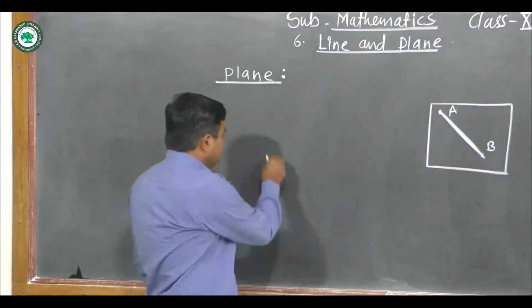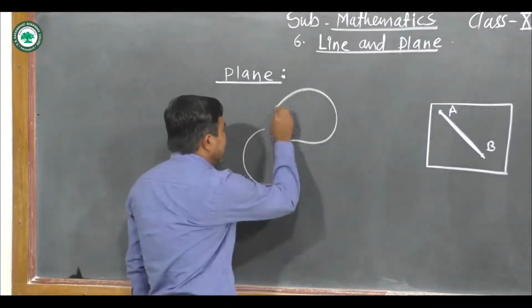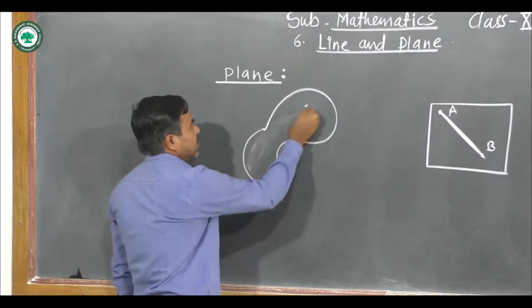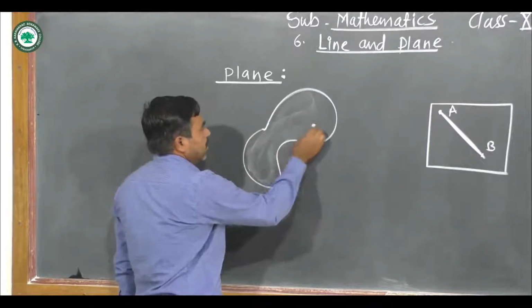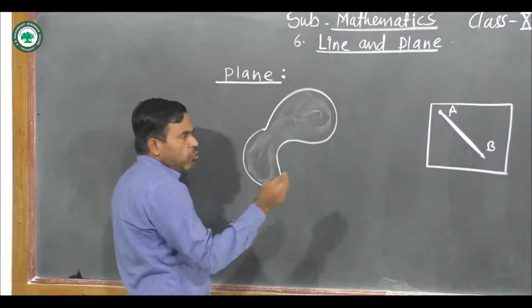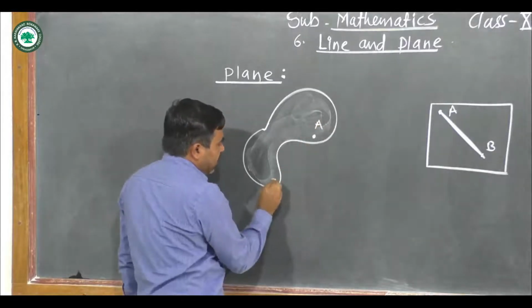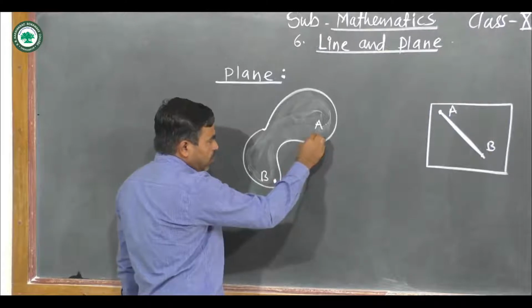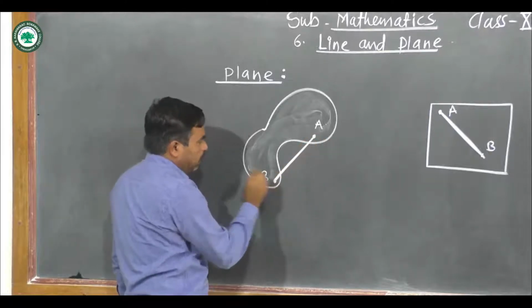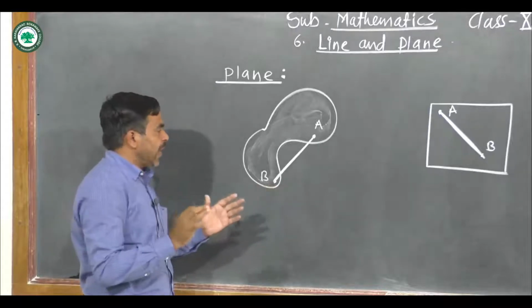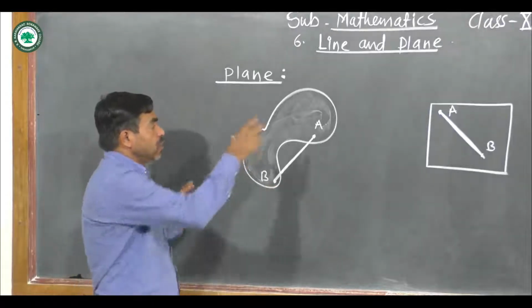Whereas, see, if we have a surface like this, if we take any 2 points here, this is point A and this is point B, and we join A and B, then the line segment AB does not lie totally on the surface.